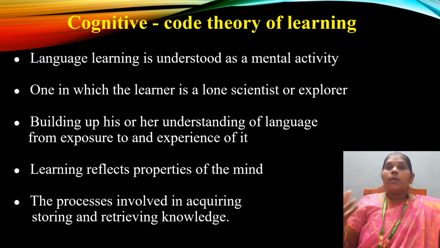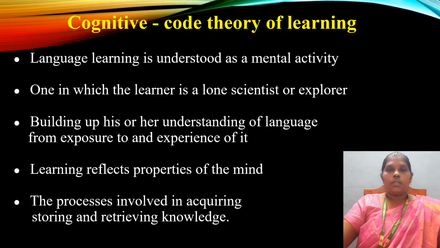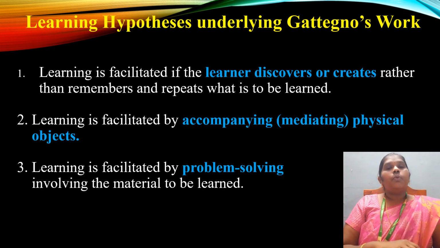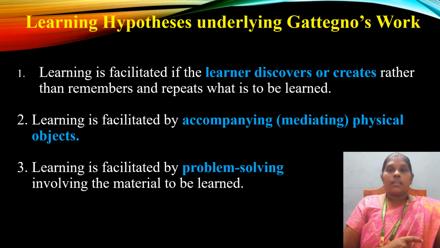Third, I have to keep it in my memory and bring it back, retention of it, when it is needed. I repeated three things involved in the cognitive code theory of learning: acquiring knowledge, storing the knowledge and retrieving the knowledge.